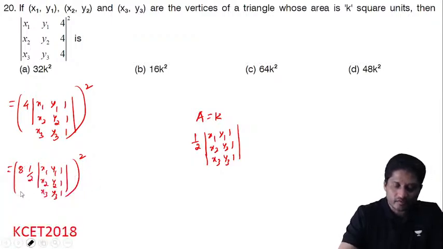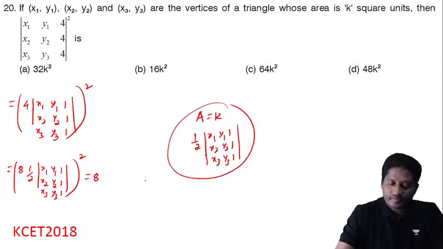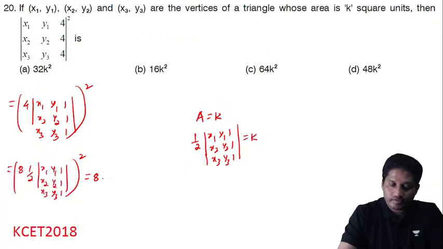So this is 8 into, according to the question, half of determinant of x1 by 1 1, x2 by 2 1, x3 by 3 1 is equal to k. So if I substitute here, you get 8k the whole square, which is 64k square. Okay, answer is option C.